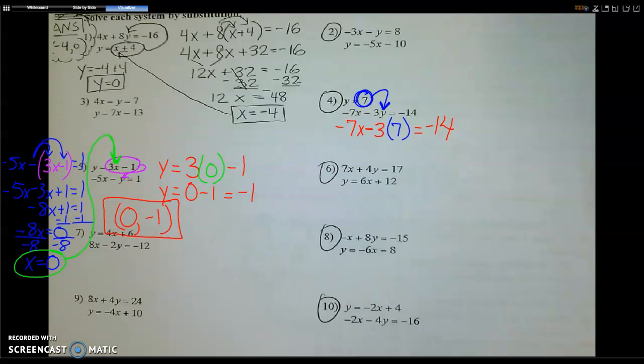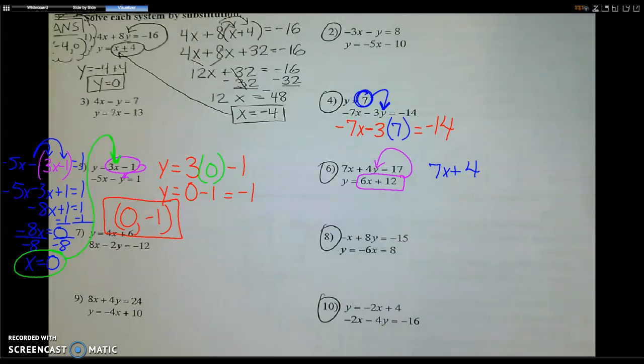Okay, number 6. So, with number 6, we know what y equals. We know that this is our y. So, it's going to be substituted in for this y. So, rewriting the equation, 7x plus 4. Oh, I'm about to mess up because I don't want to write y.